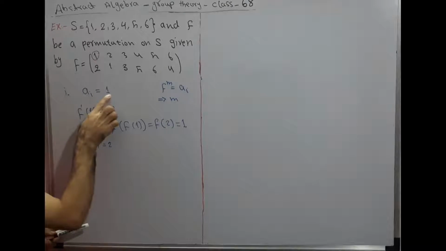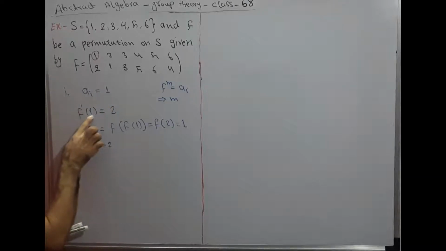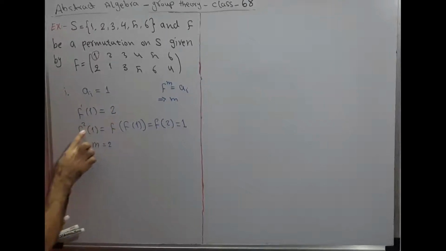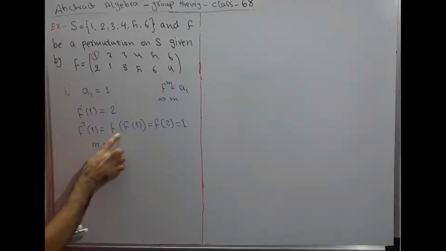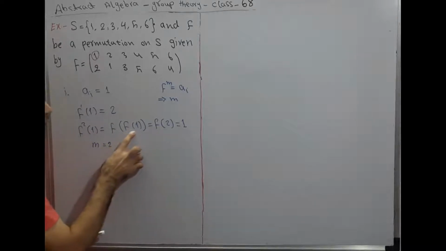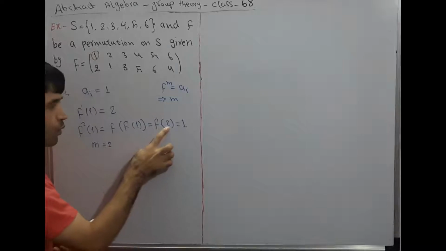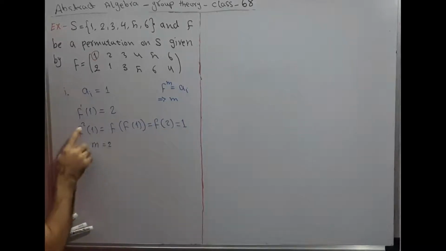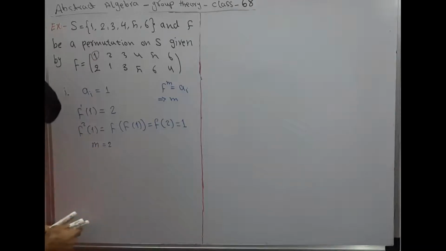Here ai is equal to 1, f of 1 is equal to 2, and f squared of 1 is equal to f of 2, which is equal to 1. Therefore, the least positive integer m is equal to 2.